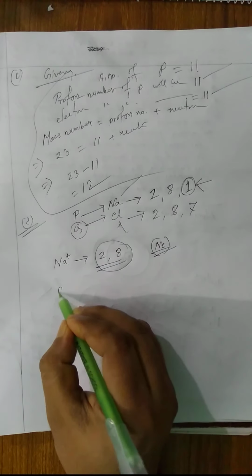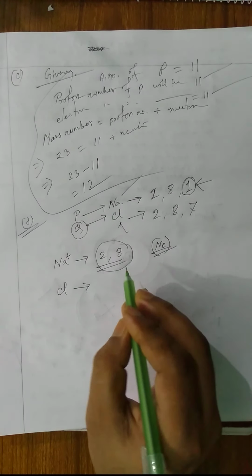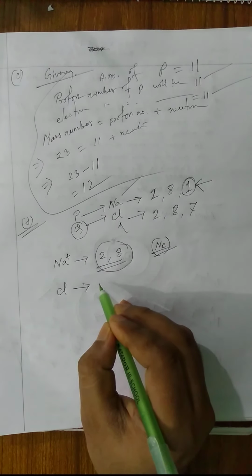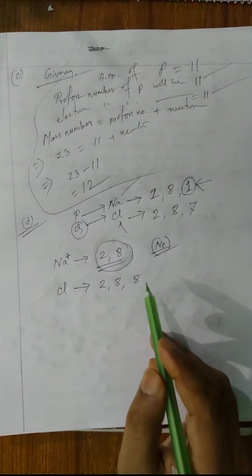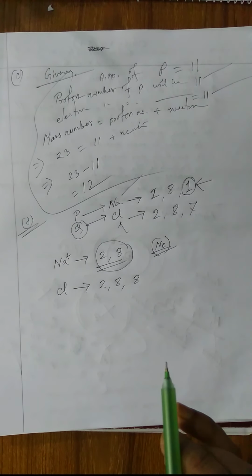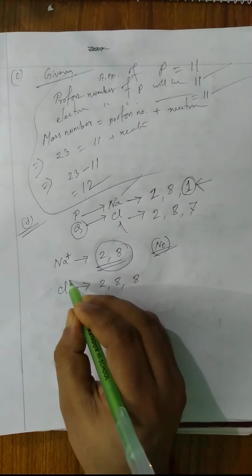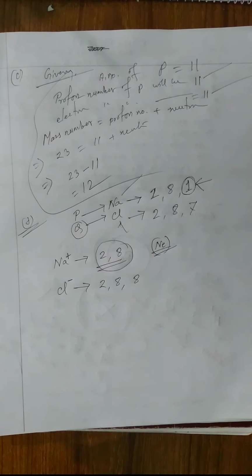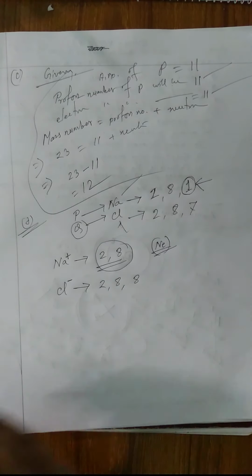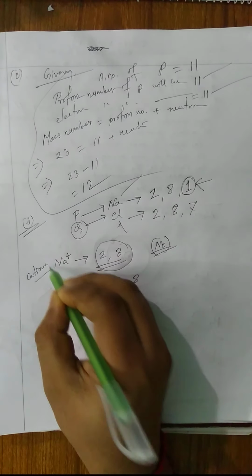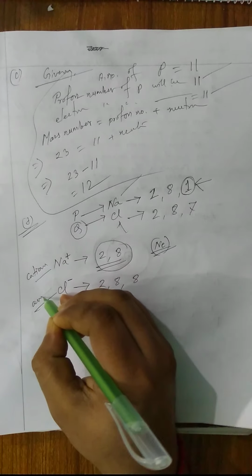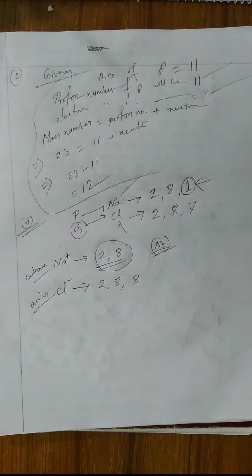So the electronic distribution of chlorine will be 2, 8, 8 after accepting one electron. So chlorine will be negatively charged, which is known as an anion. So it is the cation and it is the anion.